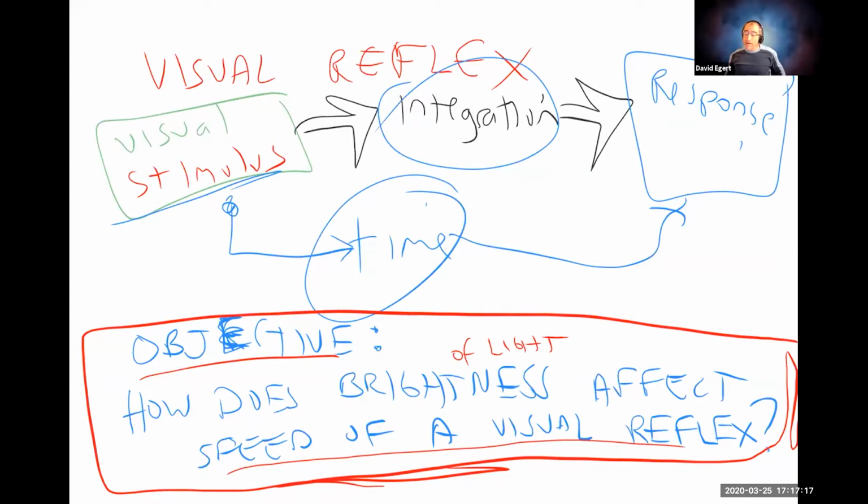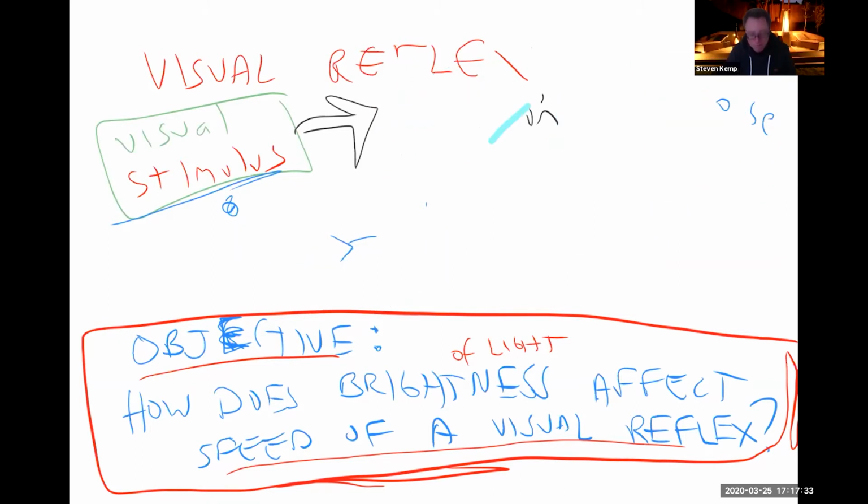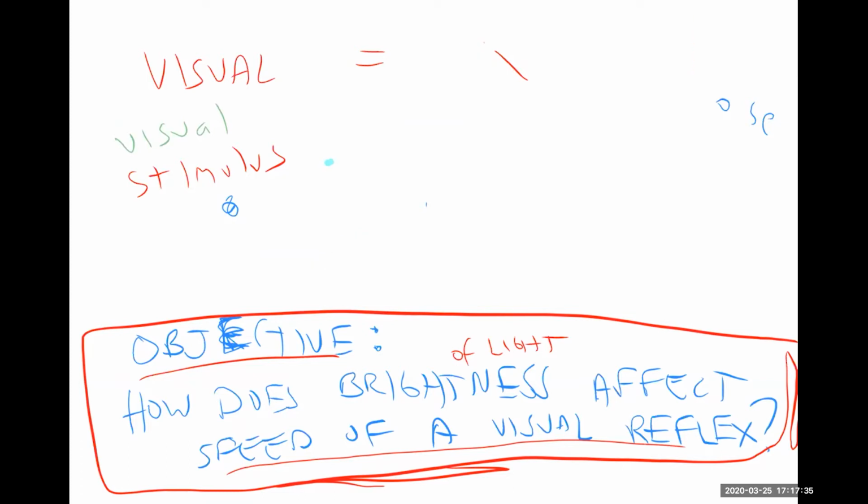Remember, the objective also includes our dependent and independent variables. So what is our independent variable in this case? Brightness. Yeah, so our independent variable is going to be the brightness of our light.